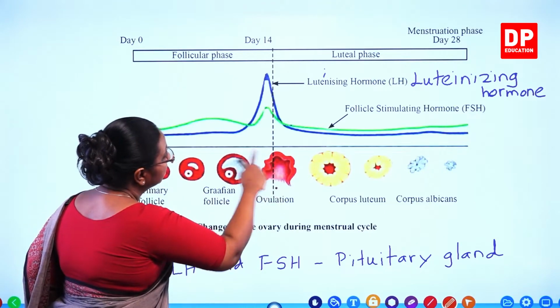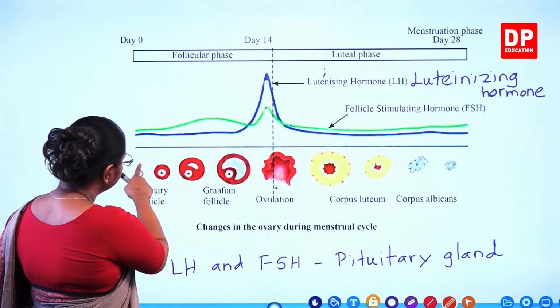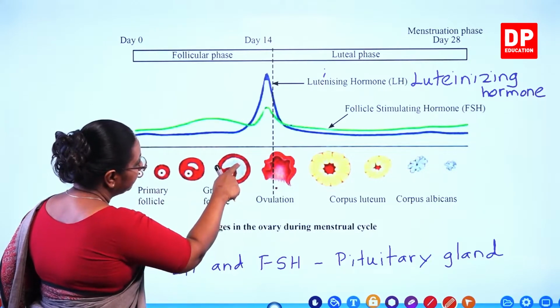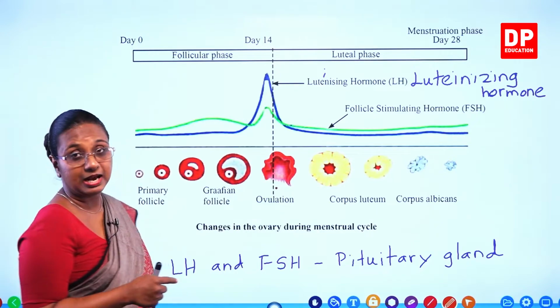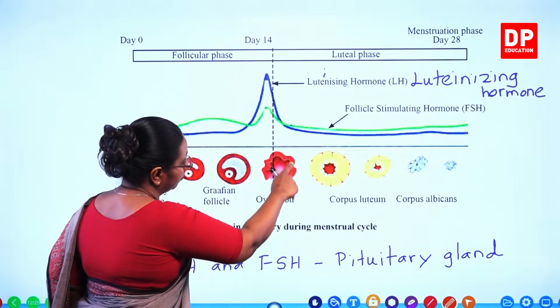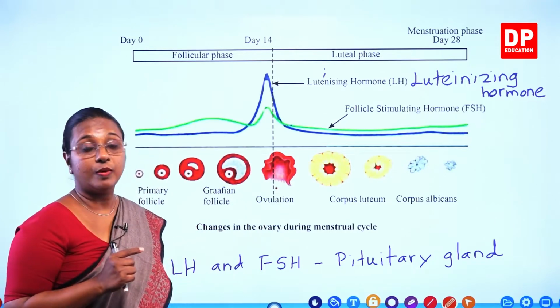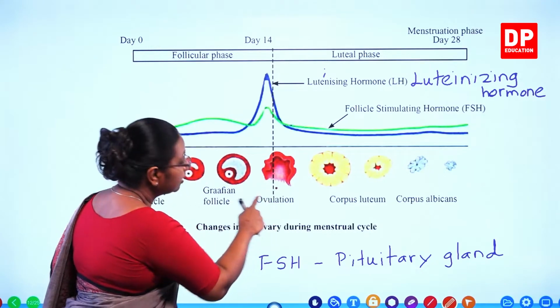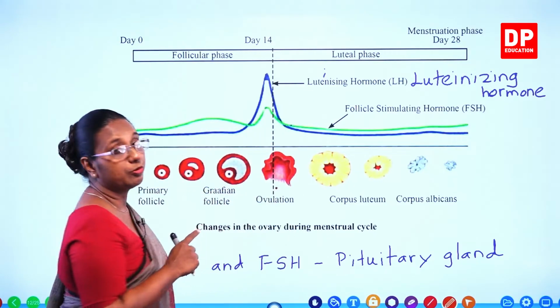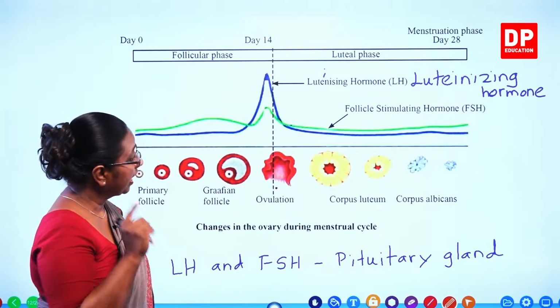On the 14th day, the primary follicle becomes larger, then you get the Graafian follicle, which matures, and then on the 14th day it bursts open, releasing the ovum. That process is the ovulation process. For that, the luteinizing hormone is very, very important.